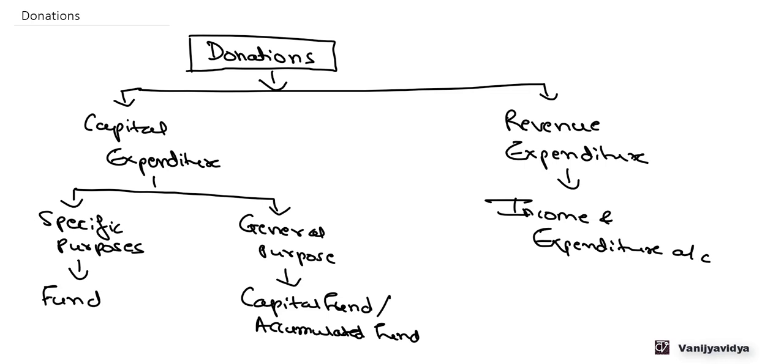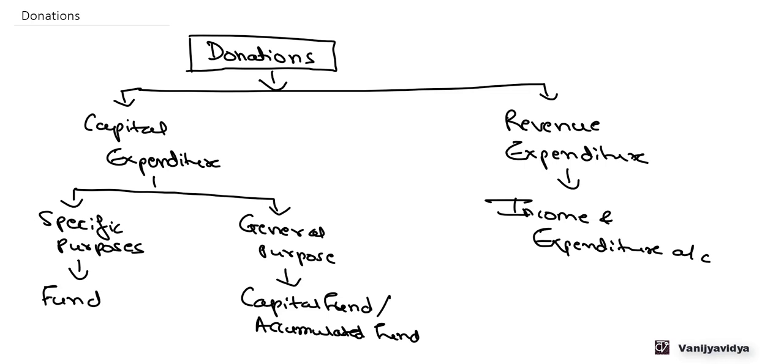If it is for a specific purpose, then in that specific fund account, and if it is for general purpose but capital expenditure, then in the capital fund or accumulated fund account. Sometimes it will be received for meeting your revenue expenditure, then in that case, income and expenditure account.